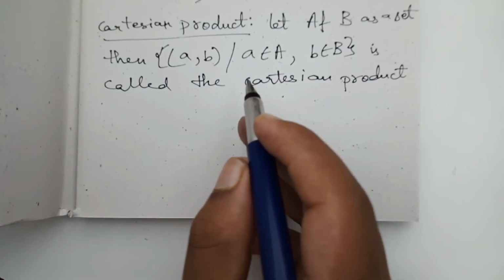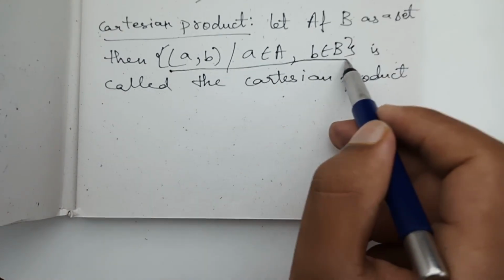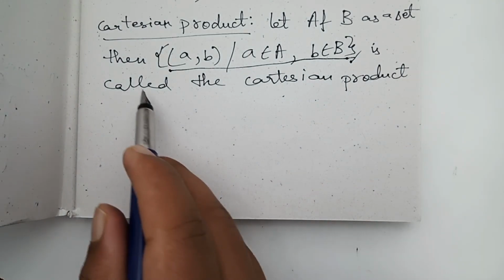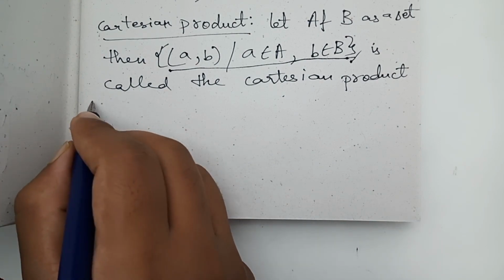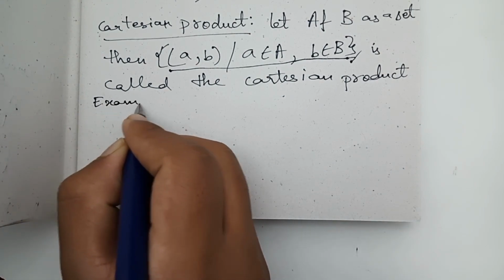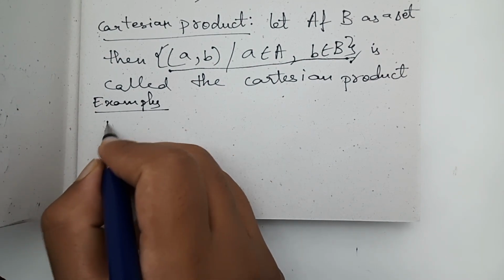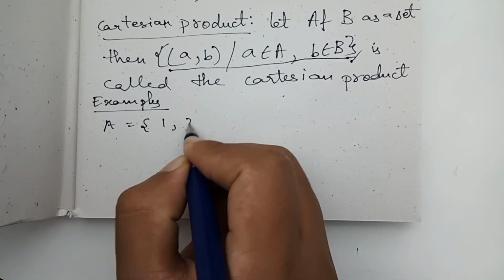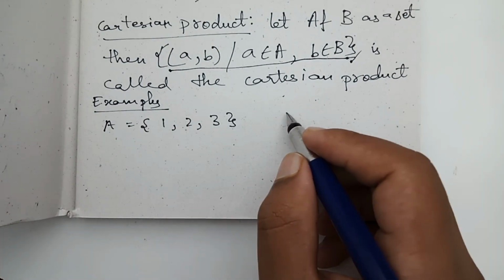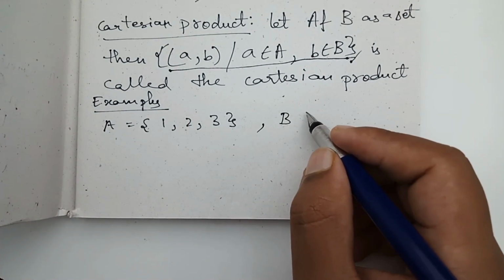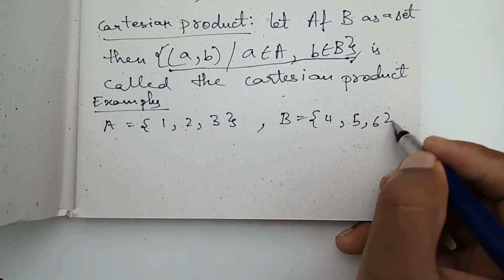Cartesian product is nothing but we should take two sets and check for this condition. If this condition is accepted, then the product is known as the Cartesian product. We will do a few examples. First one: A is equal to 1, 2, 3 and B is equal to 4, 5, 6.